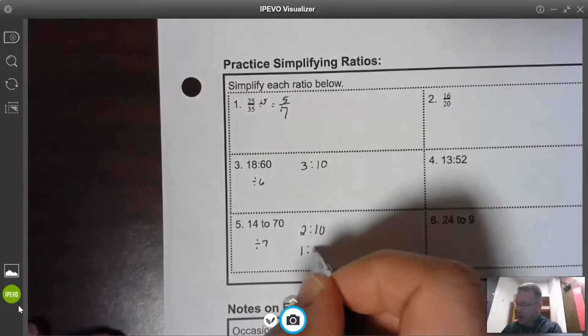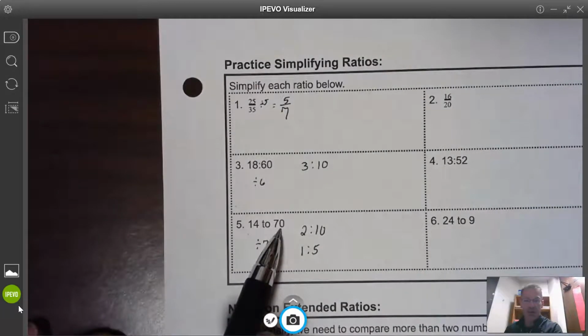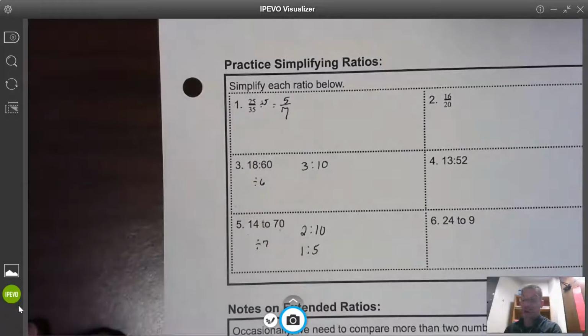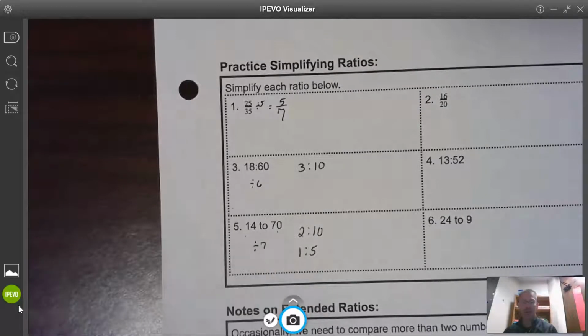And so that actually gives me 1 to 5. So I believe if I went back, 14 is actually the GCF. So notice that you can pick a factor and you get there, and then you just have to think about, is there another factor I can divide by? No big deal. Just always check to make sure that you have 1 as your only common factor, and then you're good.